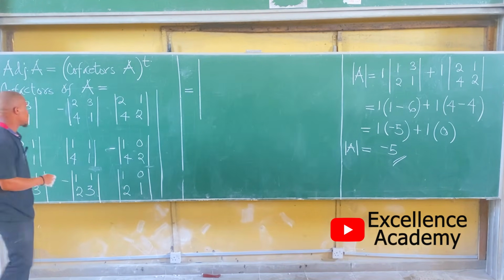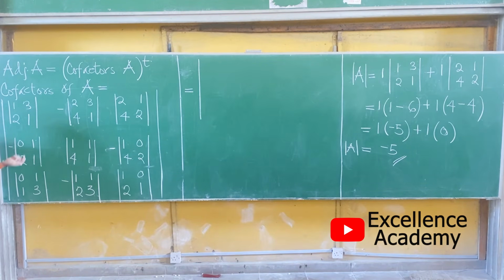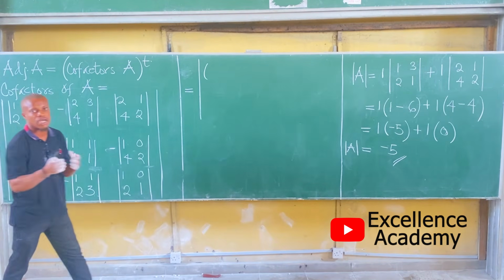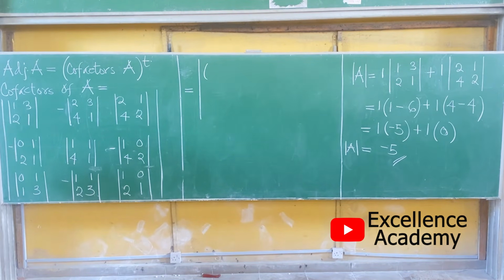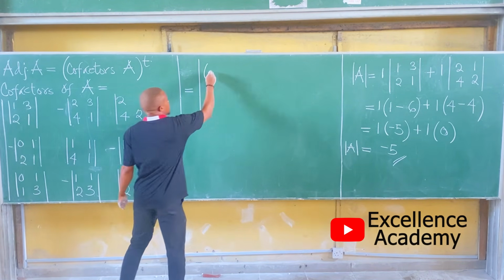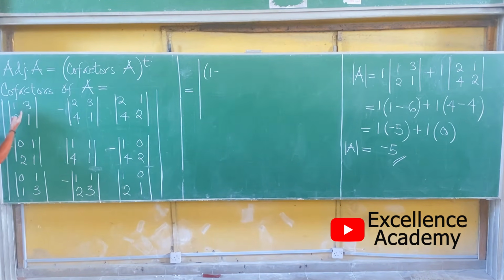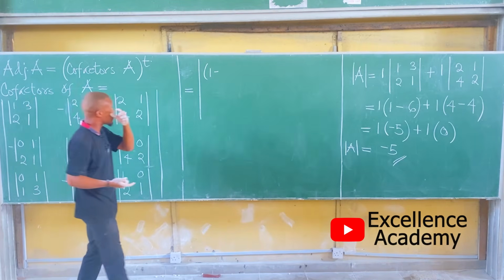So let's simplify that. In simplifying this, you do the same thing, right? Get your determinant at each point. For this, I'm having what? 1 times 1, 1, minus the product of the second diagonal. 2 times 3 is what? 6.